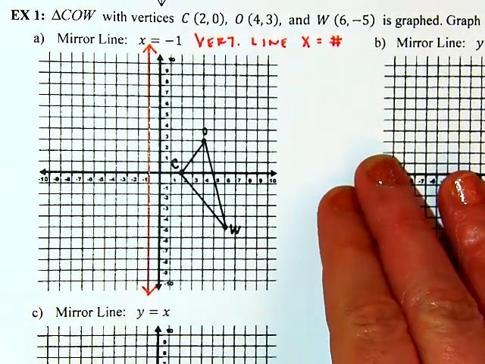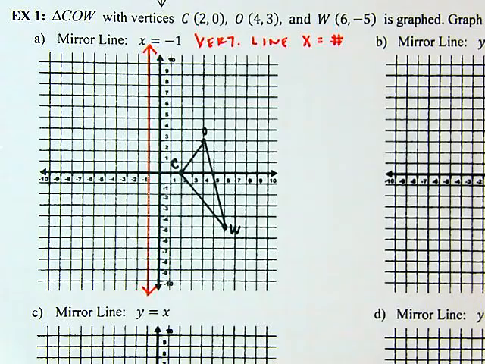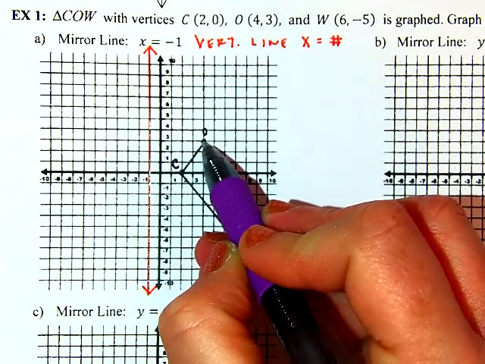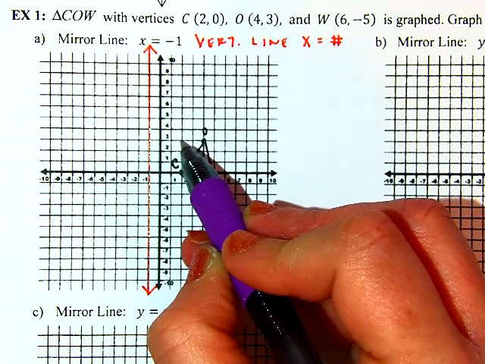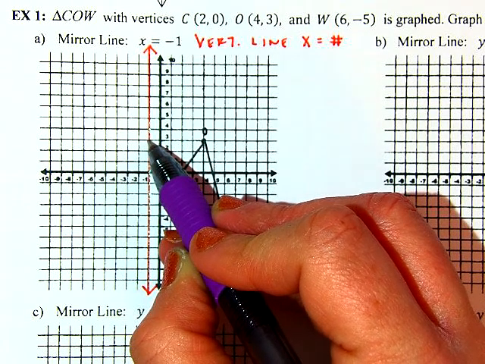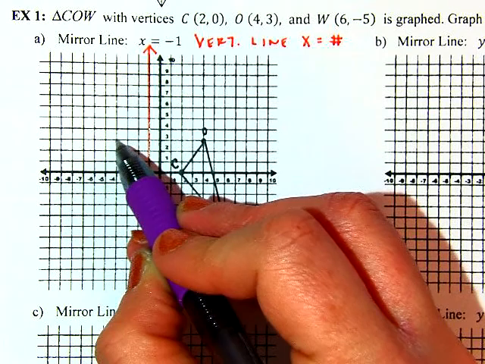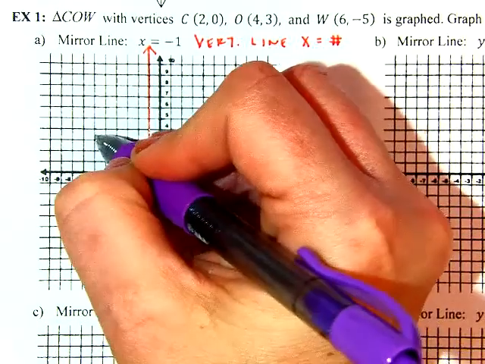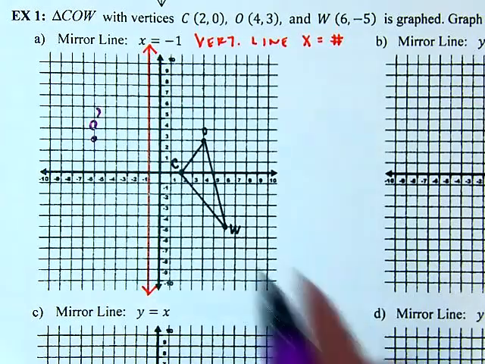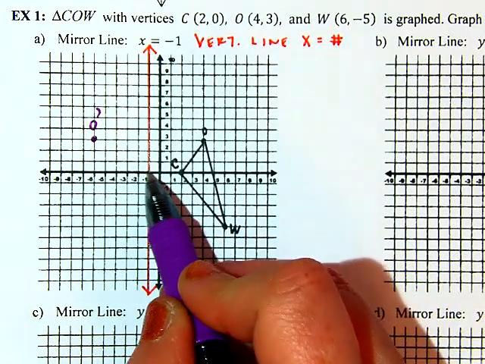All right, so if I start with the one on top, so if I start with O, I need to count over to the mirror line. 1, 2, 3, 4, 5 units. So I need to go 5 units in the opposite direction. 1, 2, 3, 4, and 5 right here. Here's going to be my O prime. C, we are 1, 2, 3 away.